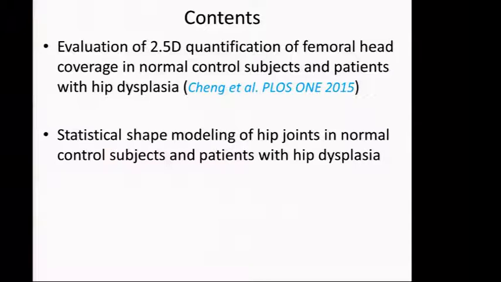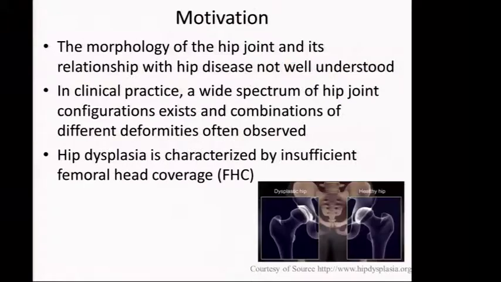First, I will talk about evaluation of a 2.5D quantification of femoral head coverage in normal control subjects and patients with hip dysplasia. And then this actually motivated me to talk about why you need to do statistical shape modeling in order to get a more comprehensive understanding of hip dysplasia.